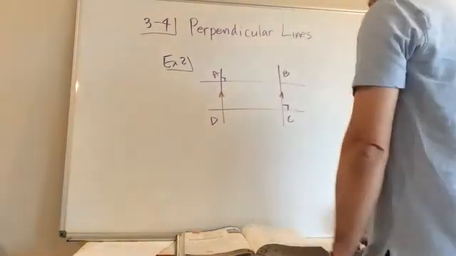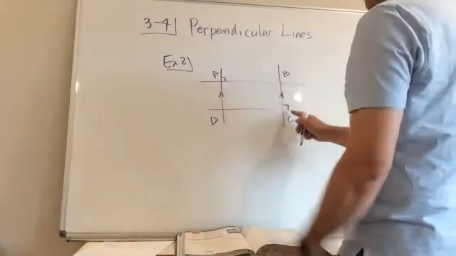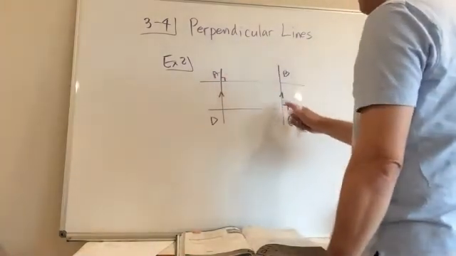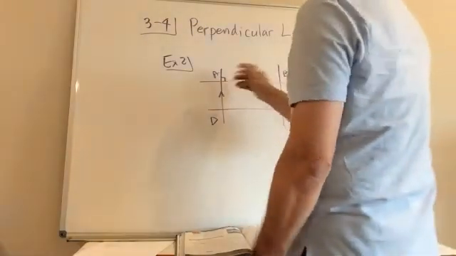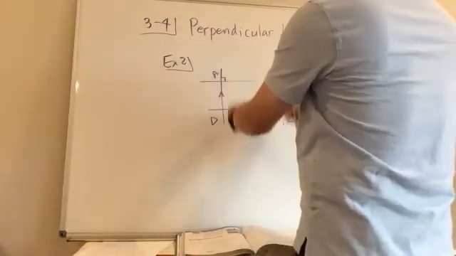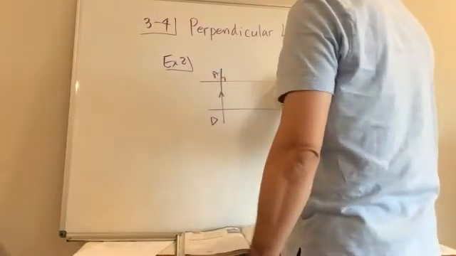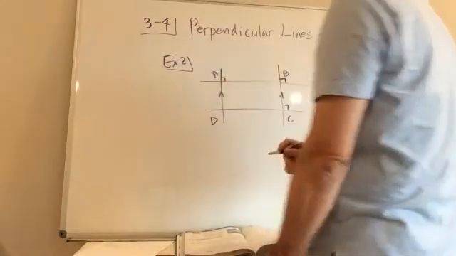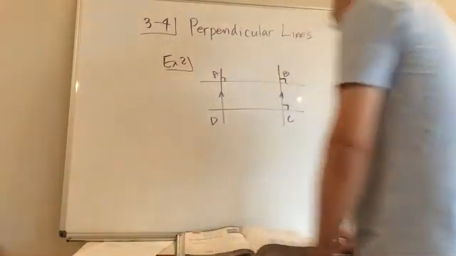Okay, so how would you prove that? Again, I don't have anything that governs these across like this, right? But I do know that since this is parallel, and this is a transversal, if this is 90 degrees, this guy has to be 90 degrees, right? And that was 3.4.2.